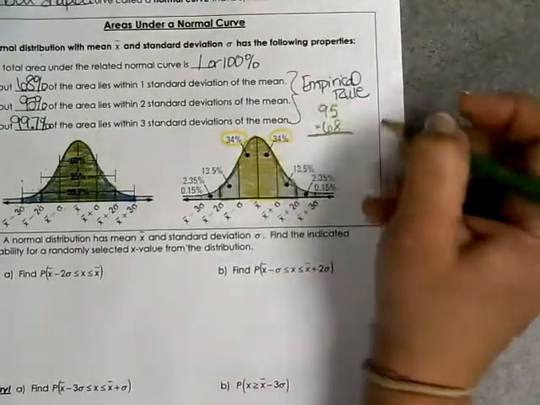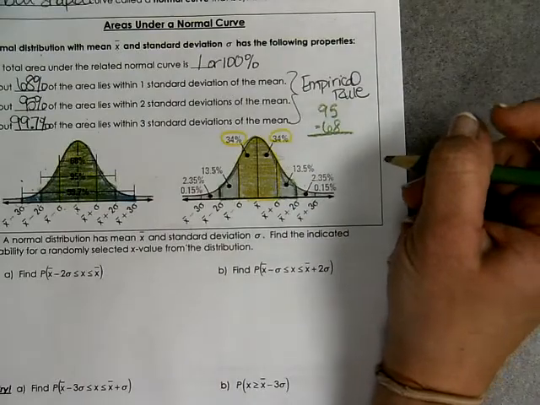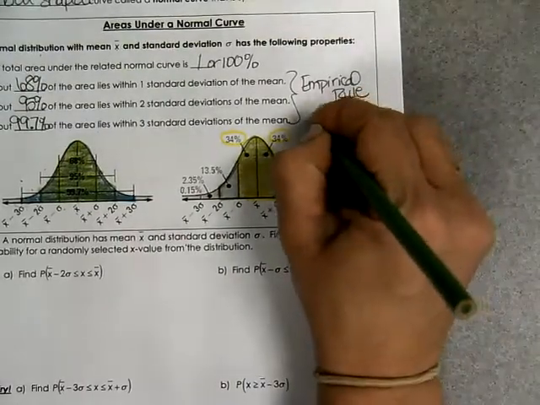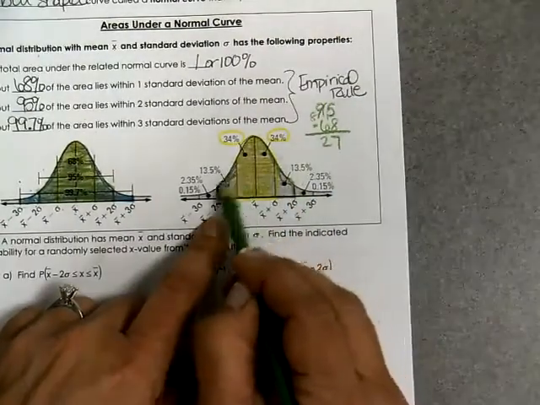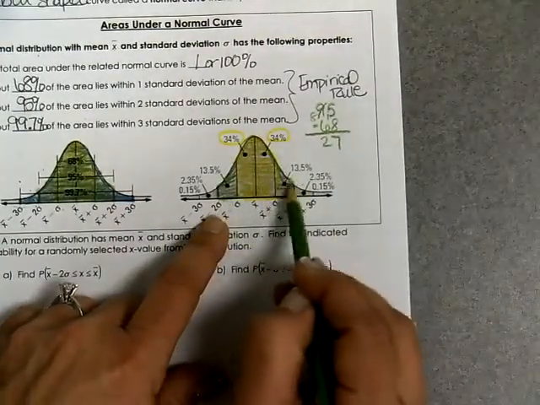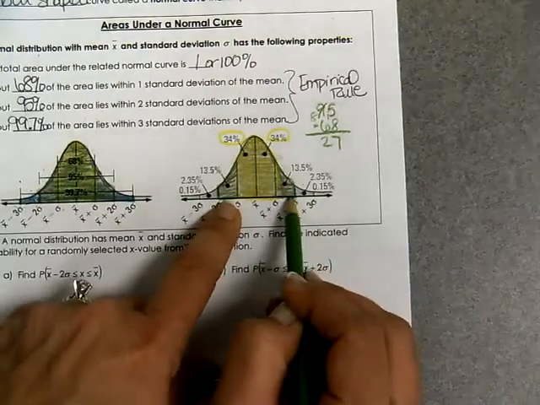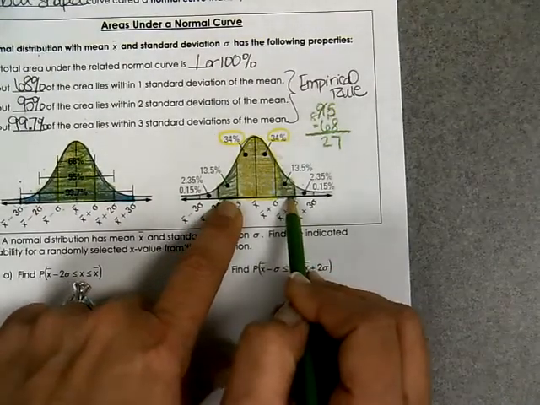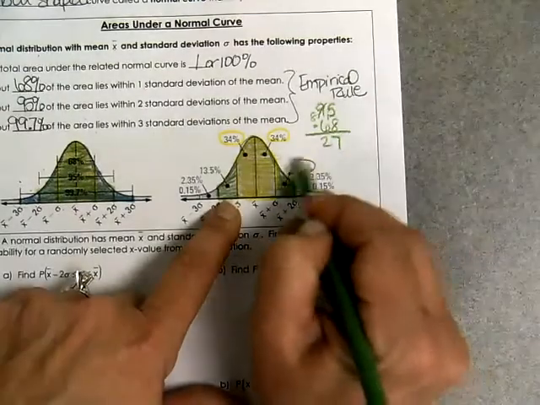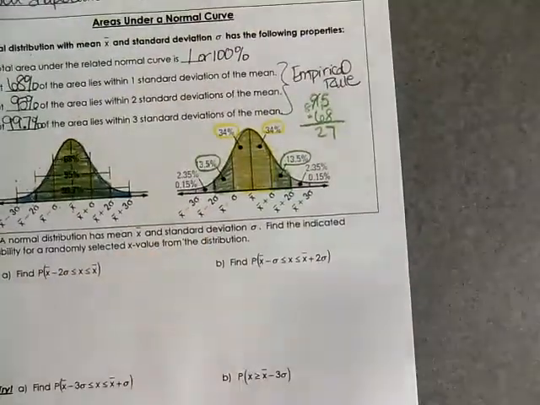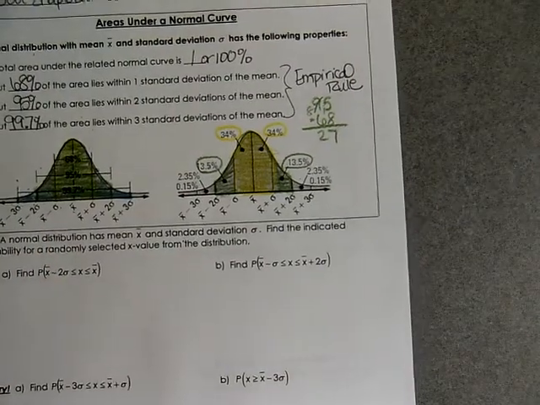So if I subtract 68 from 95, I get 27. Do you agree that these two pieces here have to be split evenly with that 27? If I divide 27 in half, what do I get? The 13.5. So that's where the 13.5 comes from.